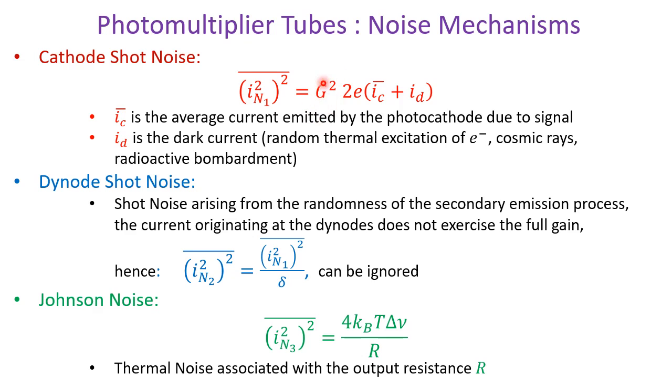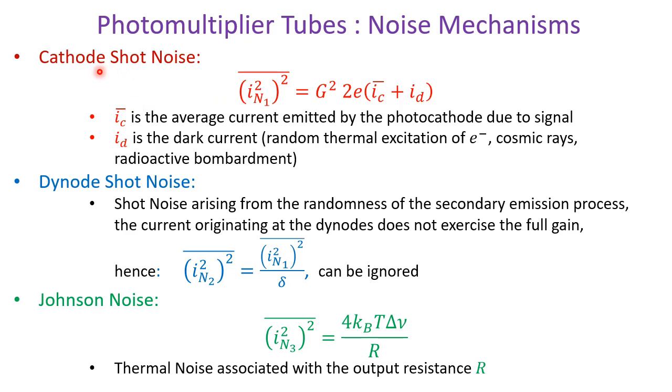For example, if I had a 400 volt difference, then I had a billion, but now this is going to be 10 to the power of 18, right? That's the kind of factor by which the noise, this shot noise, will dramatically increase, and that is going to severely limit my signal detection.